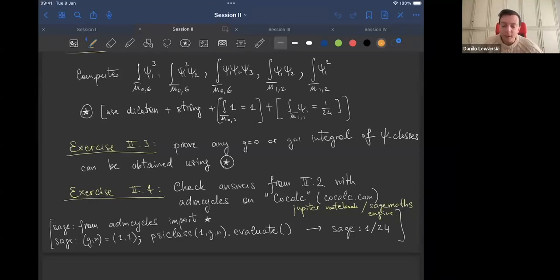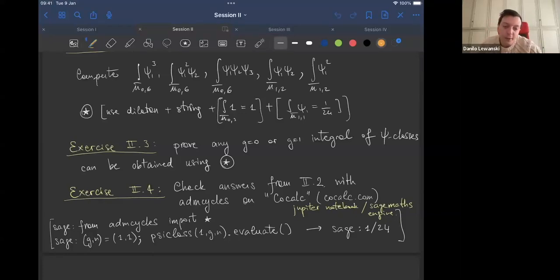But if you have it installed or if you use some other platform, it doesn't matter. Then you just open a Jupyter notebook and select the SageMath engine, and then you can just import admcycles. I just wrote the Sage lines that you need to write. And then, as I said yesterday, you can look at the reference on admcycles and read the syntax there and which functions you have to compute these kinds of psi class integrals.